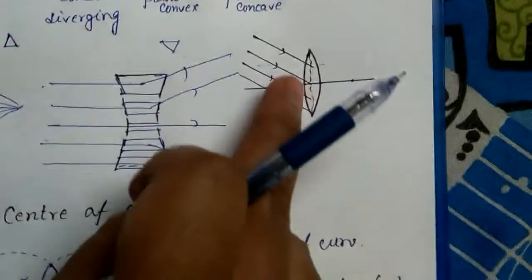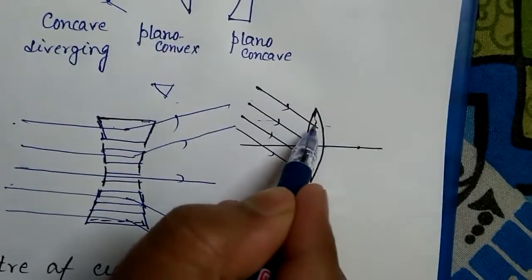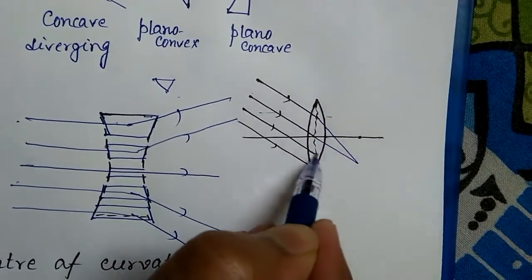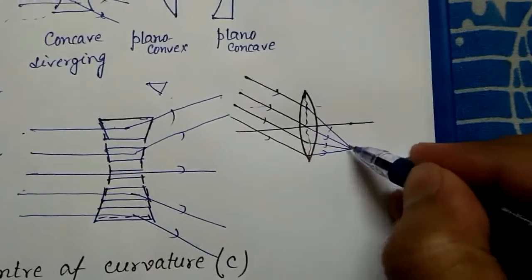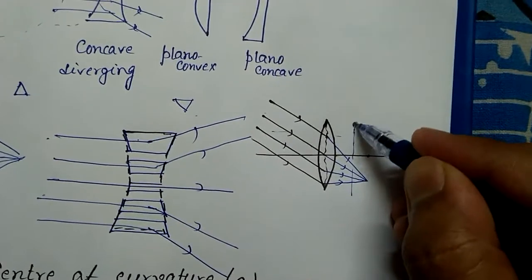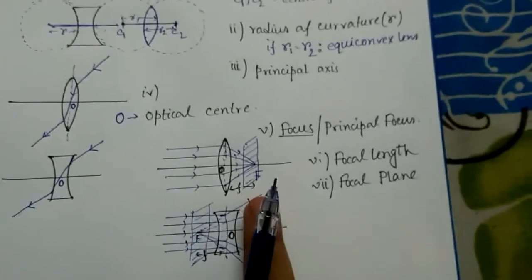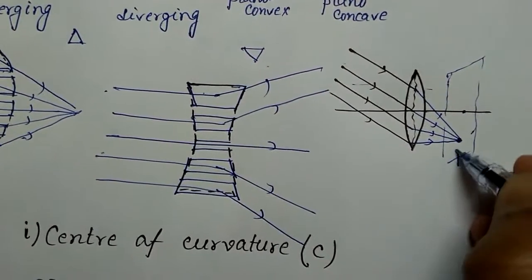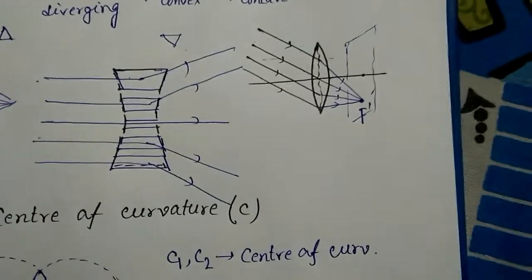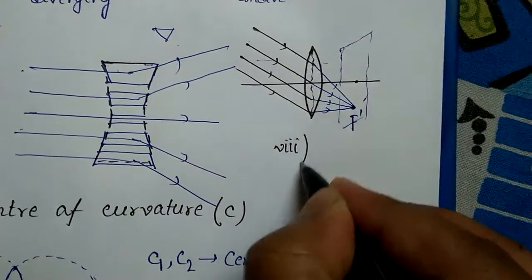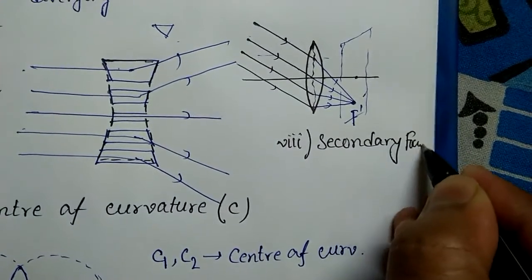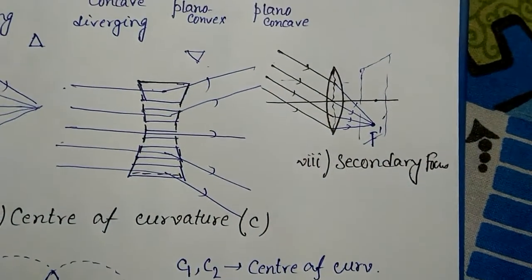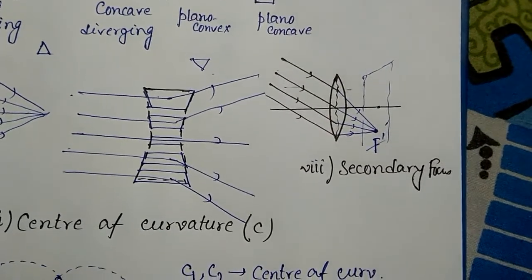But as these rays are not parallel to the principal axis, they will meet at another point, which is situated on the focal plane. Is it okay? And this focus is known as the secondary focus. Number 8, secondary focus. Is it clear?